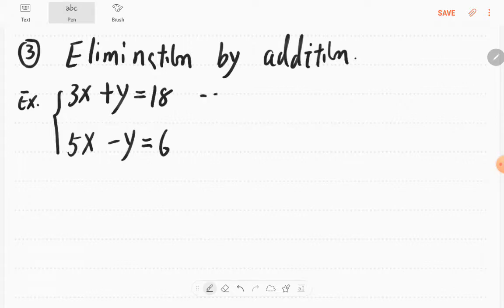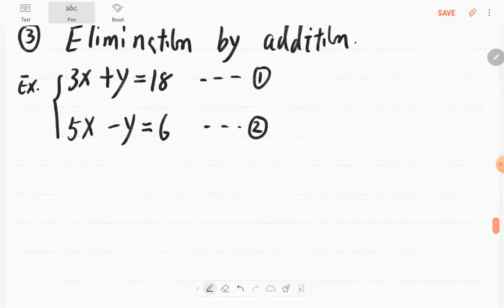If this is equation 1 and this is equation 2, we notice that if we add equation 1 and 2, then you will see that the y terms will disappear, right?